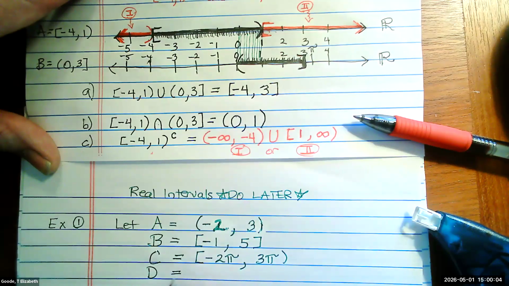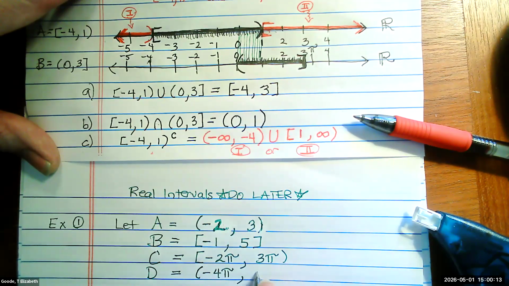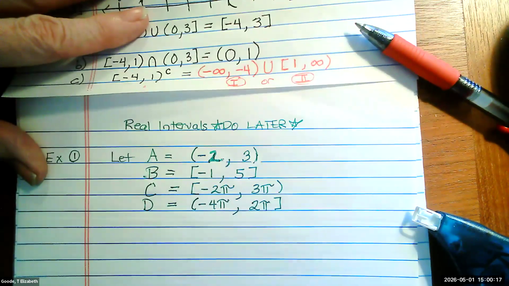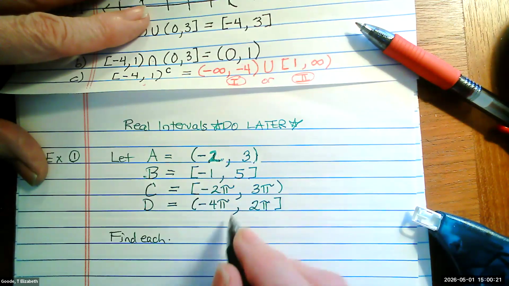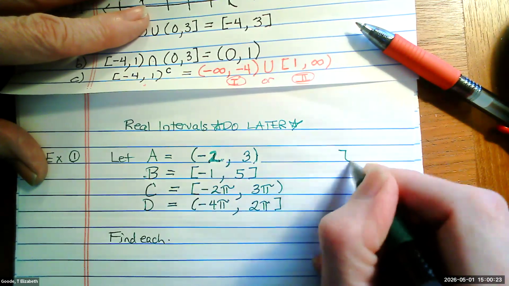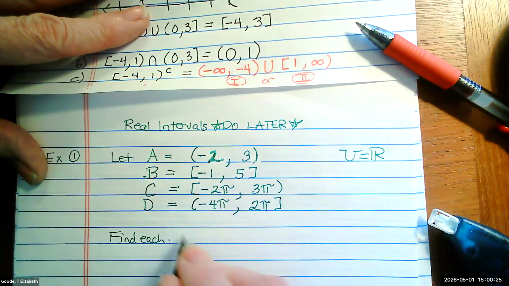And D is going to be soft bracket -4 pi, and then 2 pi square bracket. Okay. So find each. The universe is the reals always.